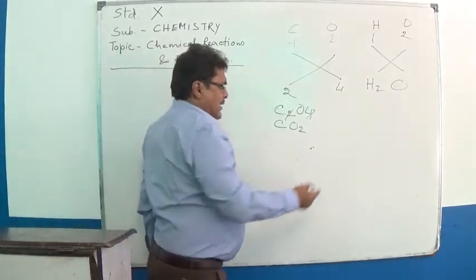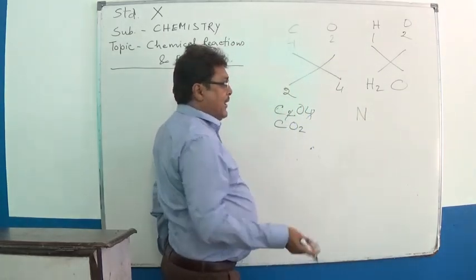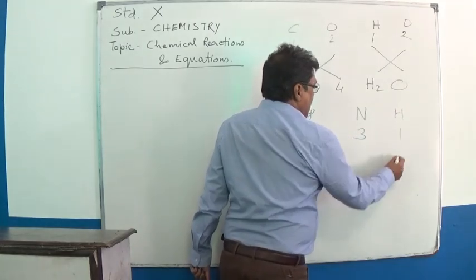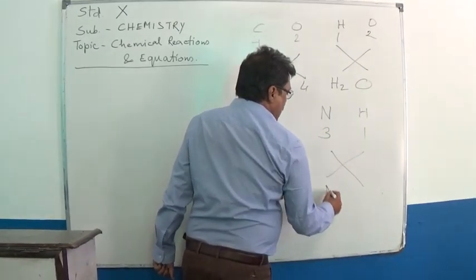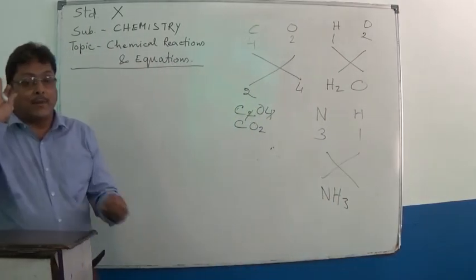Let's take one more example. Nitrogen is 3 and hydrogen is 1. We combine to get ammonia, NH3, like this. We cannot change the subscript.